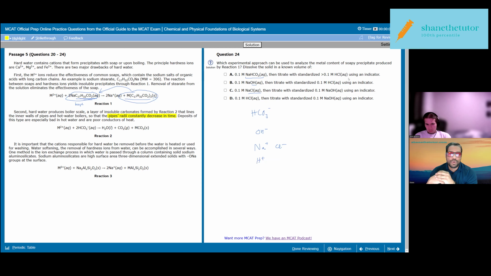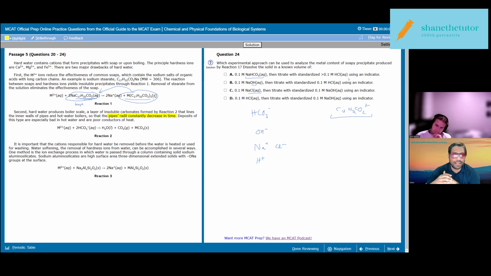Okay, so now if we had our C17H32O CO2 2 minus, and okay, we want to get to that point.